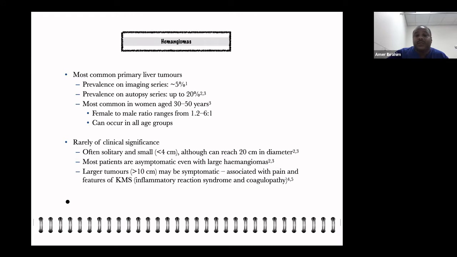Most patients are asymptomatic, but large ones could give some symptoms in the form of pressure on the Glisson capsule, giving some pain. In some large tumors, it even leads to coagulation consumption, forming a coagulopathy and leading to Kasabach-Merritt syndrome.